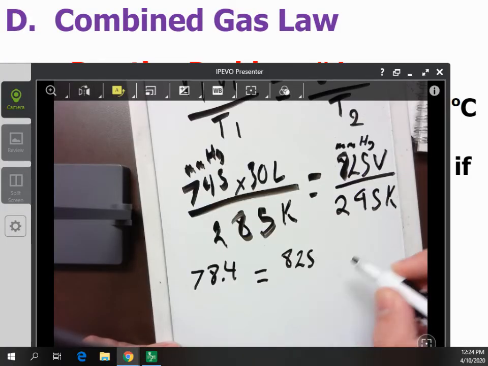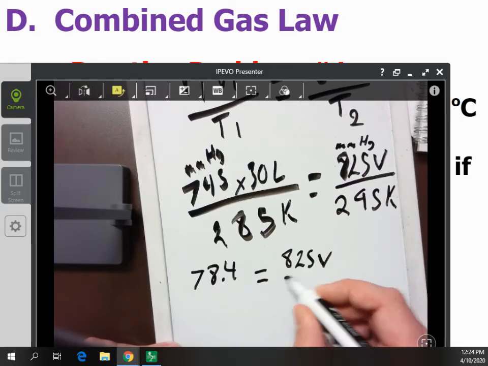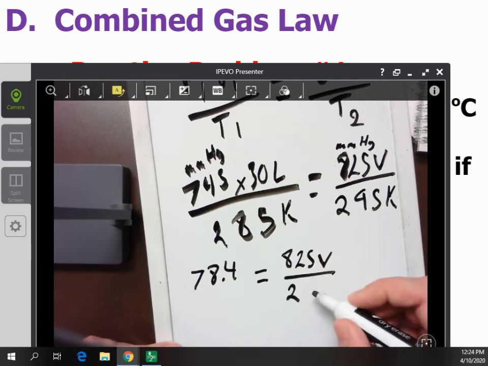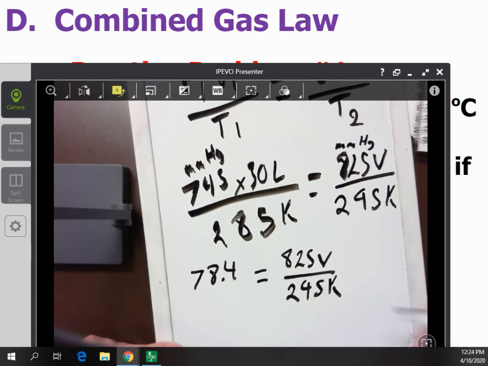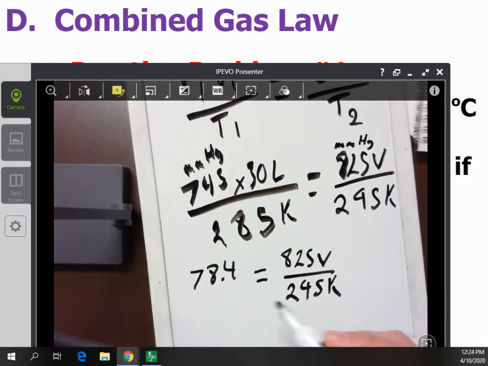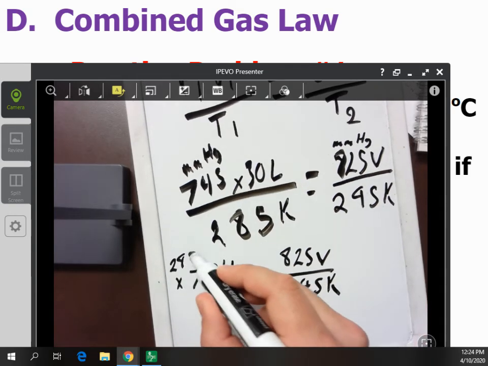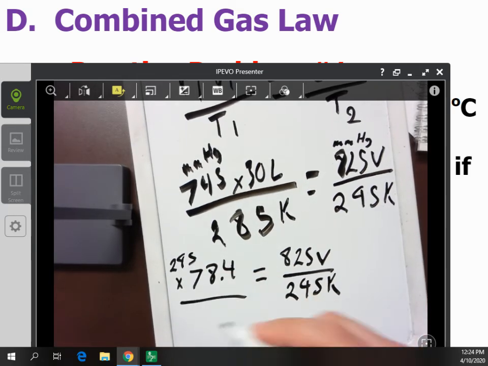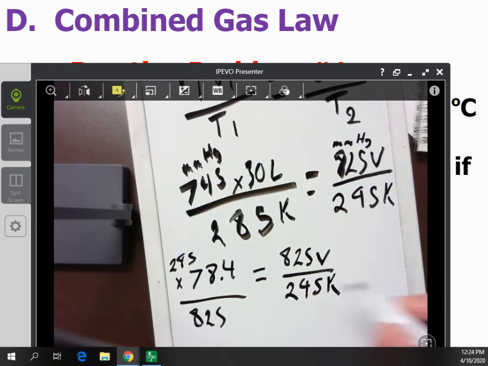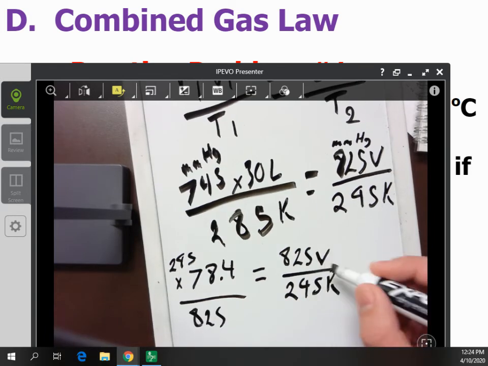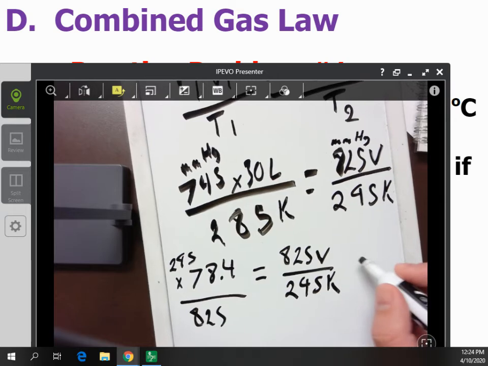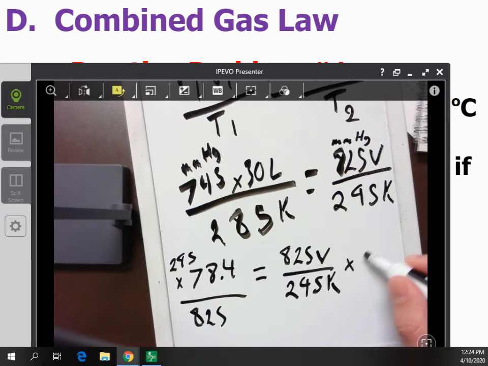All right, so our answer is 78.4 equals 825 V divided by 295 K. So what we have to do is multiply this number by 295 and then divide it all by 825 because you have to get this to just V. And in order to do that, we basically multiply it by the inverse of these two numbers.